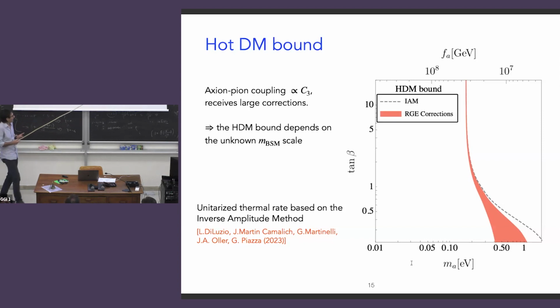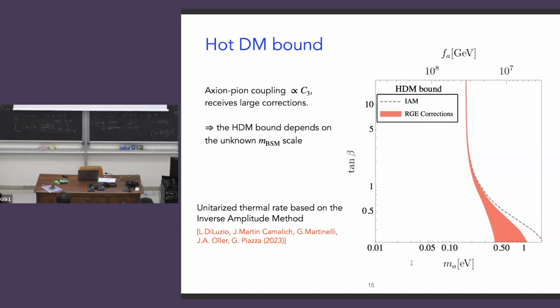This is just my 2 cents about this. I'm not an expert on this, but my 2 cents is: be careful, because now if you go to low tan beta, you may have thought that the coupling to pions is not very important, and now we're saying that it can still be important. For example, Alessia, I think you wrote in your paper with Rompineve, it was also here, right?